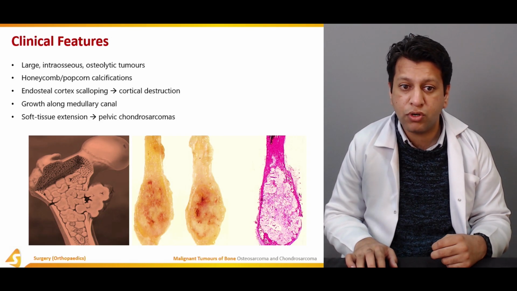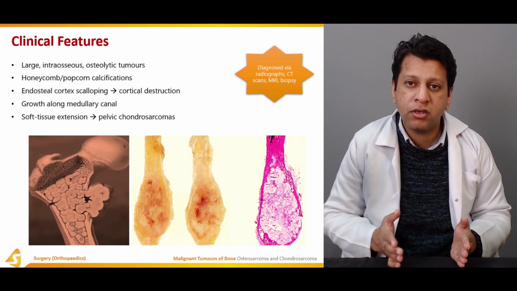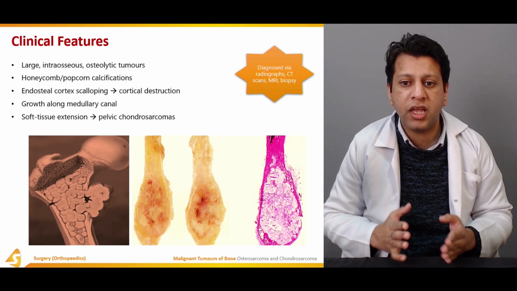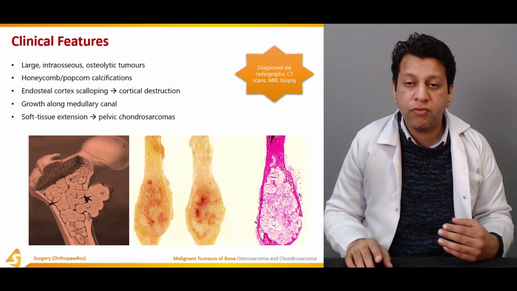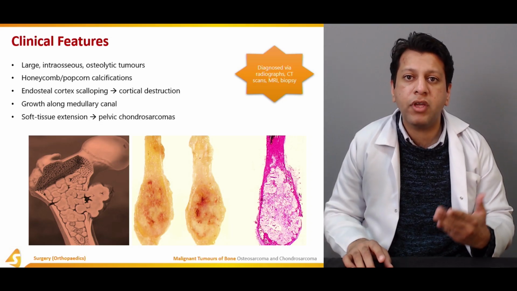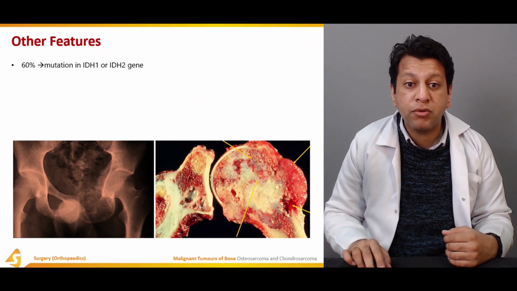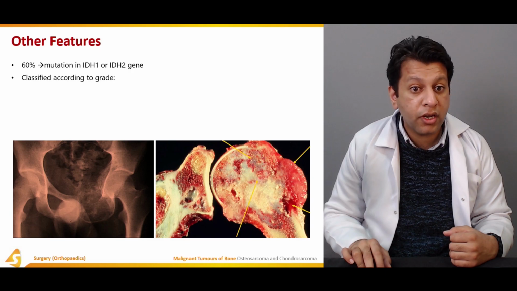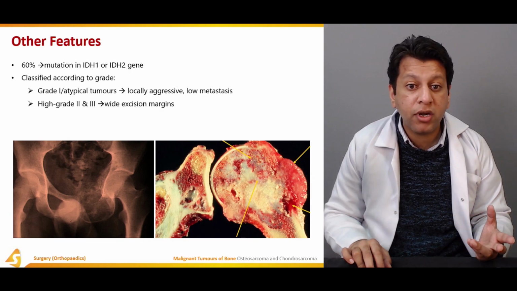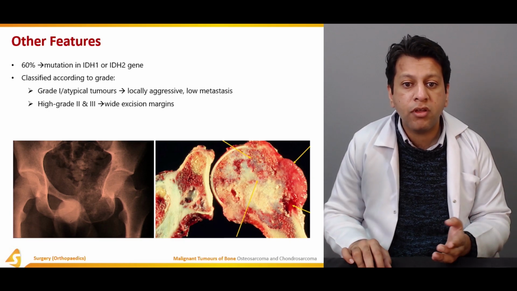especially in the case of pelvic chondrosarcomas. They are diagnosed again on history, examination, CT, MRI, bone scan, and biopsy is done basically to diagnose the disease, and then once we are sure about the differentials, we plan treatment. Other features of chondrosarcoma include that 60% usually have a mutation in the IDH1 and IDH2 genes. They are classified according to grade: grade 1 are atypical tumors which are locally aggressive with low metastasis, or high grade 2 and 3 tumors.